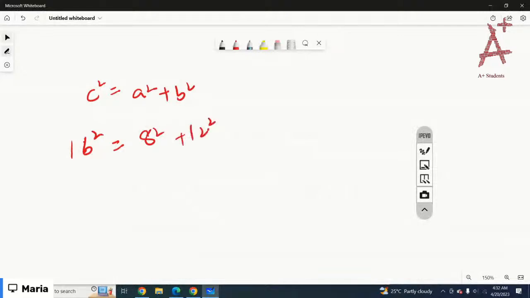So 16 square is 256. Here you have 64 plus 144, which is 208. Again, they are not equal, so this one is not a right angle triangle. Got it? So the correct option is no.